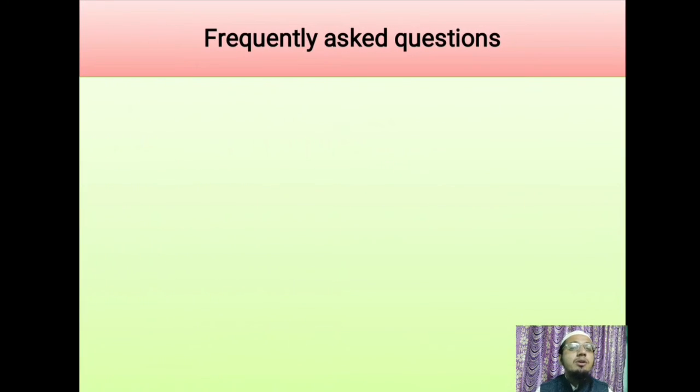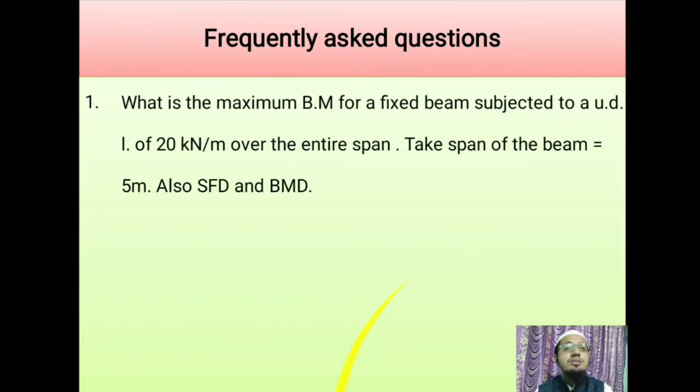These are some of the questions which may be asked in examinations or frequently asked questions. You may note them down. What is the maximum bending moment for a fixed beam subjected to UDL of 20 kN per meter over the entire span? Take span of the beam equal to 5 meter, and also draw the shear force diagram and bending moment diagram.